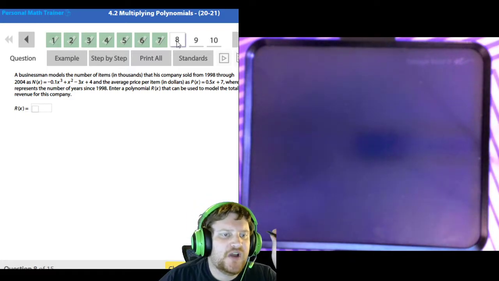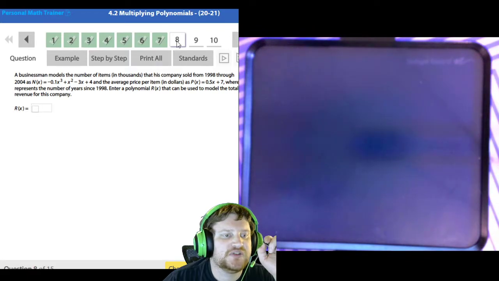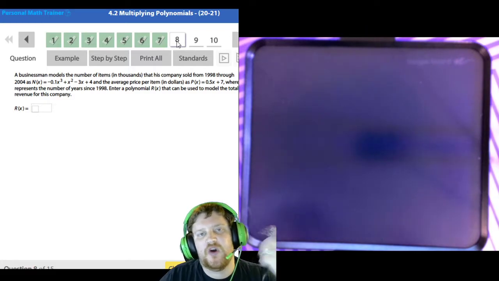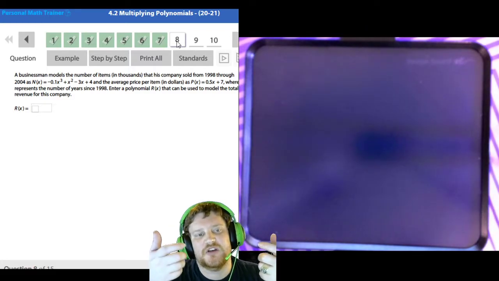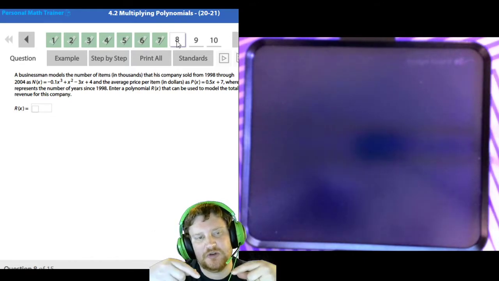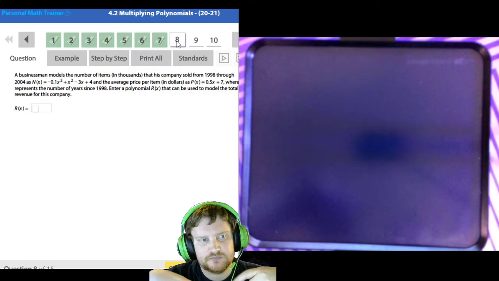A businessman models the number of items in thousands that his company sold from 1998 through 2004 as n equals this, and the average price per item as this, where x represents the number of years since 1998. Enter a polynomial that can be used to model the total revenue for the company. So effectively, if I have one item and it costs $2 and you buy 3 of them, then 2 times 3 is how much you spend in total, which is $6.